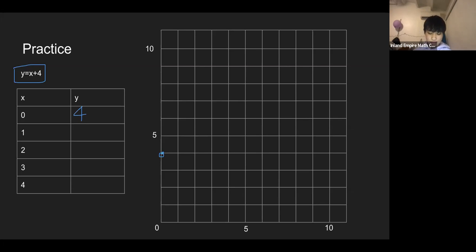So what about for 1? Does anyone have any ideas for what it would be if x was 1?